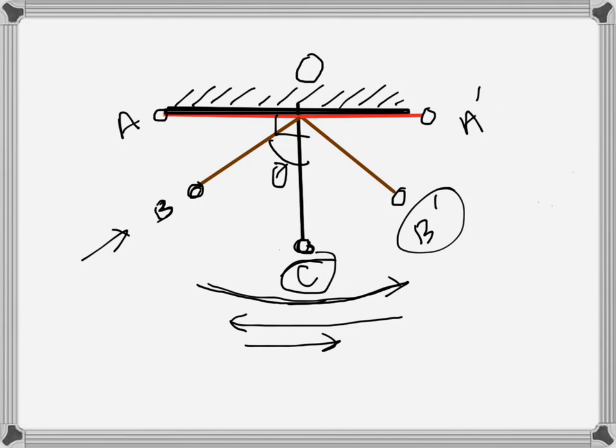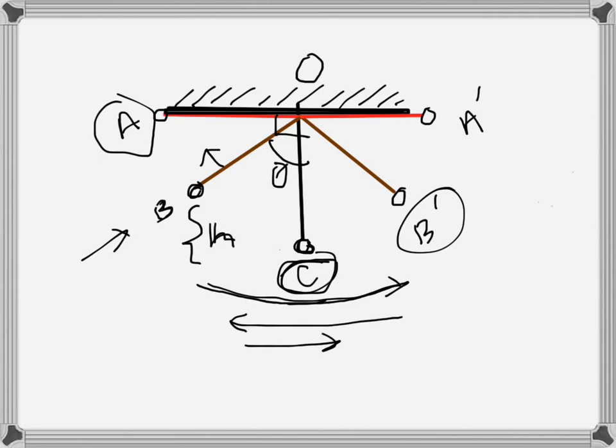Now if it is taken further up before being released, then the amount of potential energy will be even more. At position A, which is perpendicular to the vertical position C, it has the maximum potential energy. When it's at position B, the effective height is h.